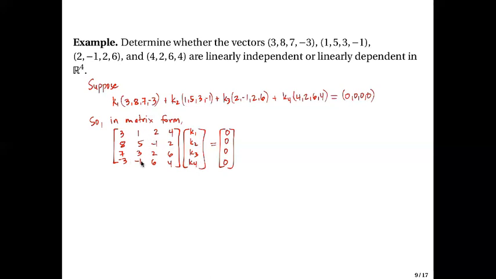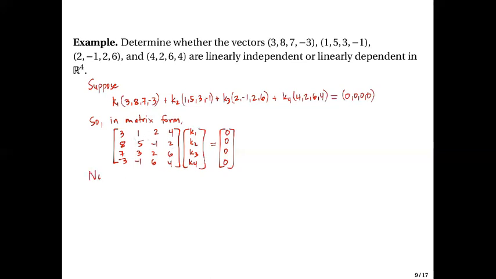If the determinant is not equal to 0, then the only solution is the 0 vector. And that's what we want if we want to show that this is linearly independent. Okay? So we will compute the determinant of this. Okay?